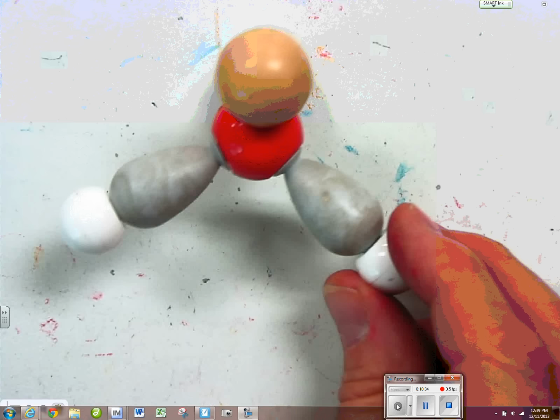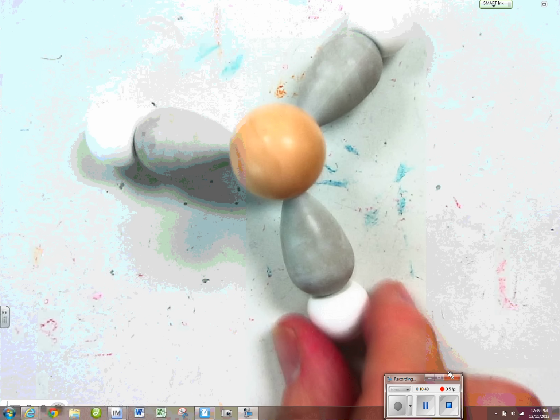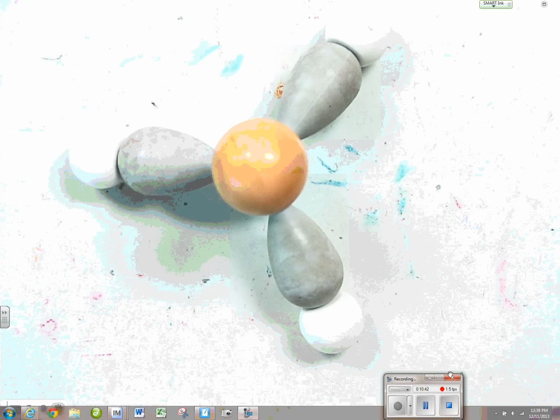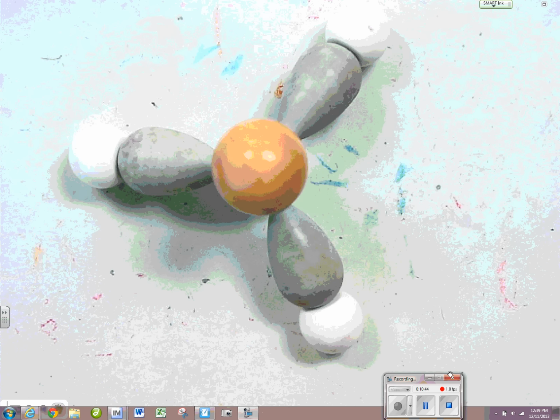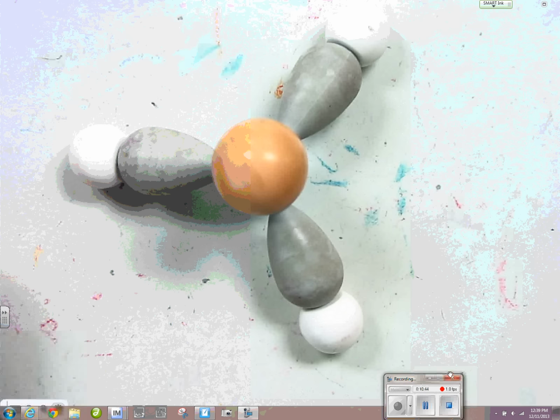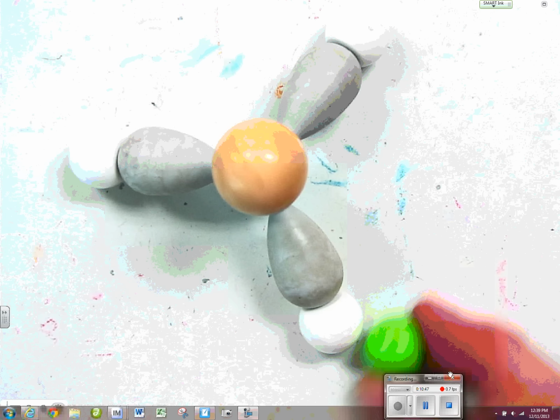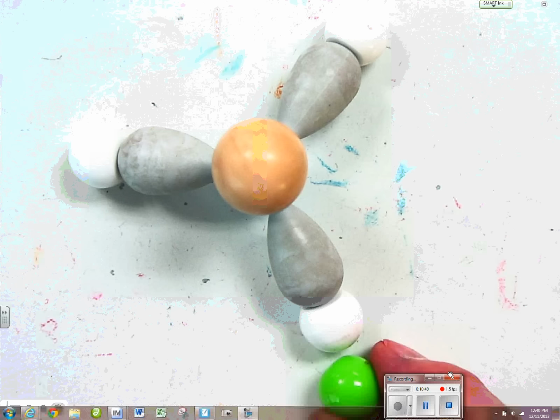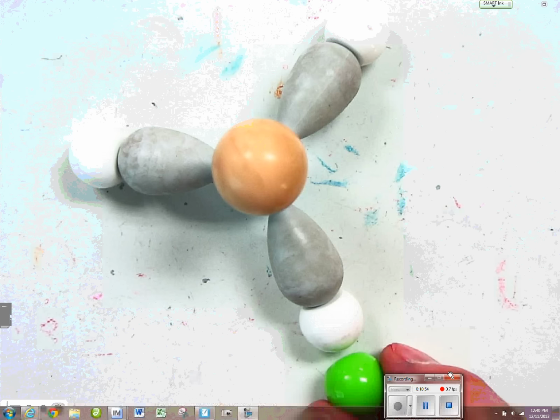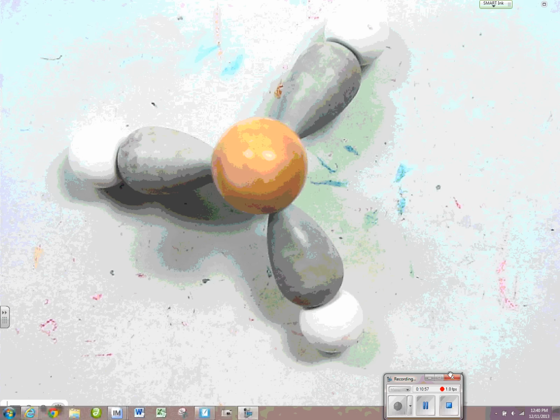So that's an easy one. Trigonal pyramid, always polar, even if the outside atoms are the same. And of course, if I substitute this chlorine for one of these white guys, that will change the center of the charge, but it will not change the fact that this guy is going to be a polar molecule.